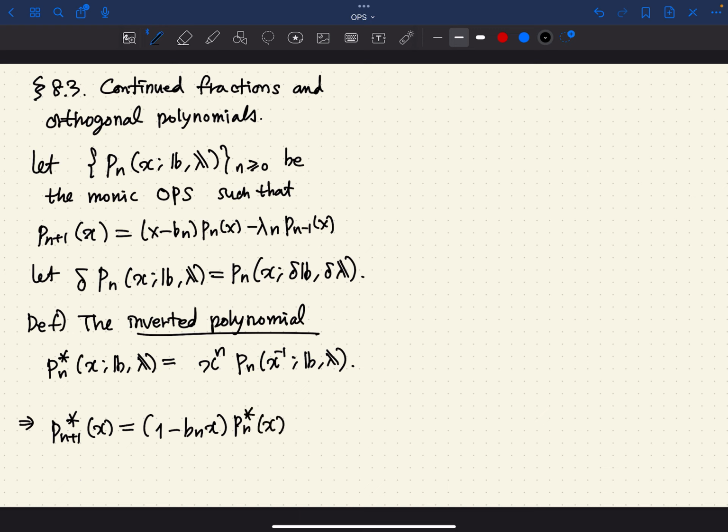Again, I'm omitting b and lambda, but they should really be there. The inverted polynomial satisfies this three-term recurrence. Slightly different because the location of x is a bit different, but quite similar.